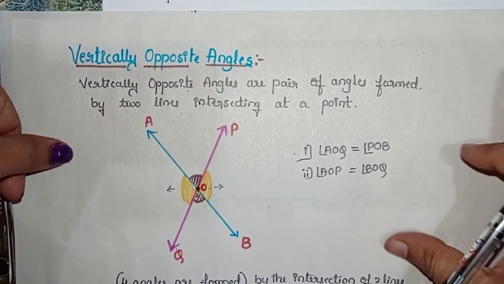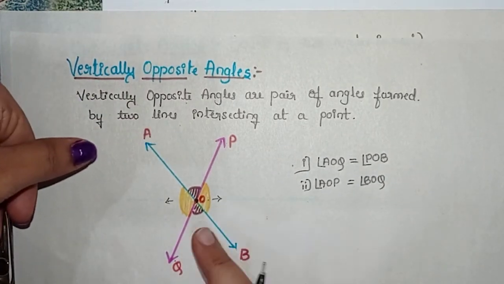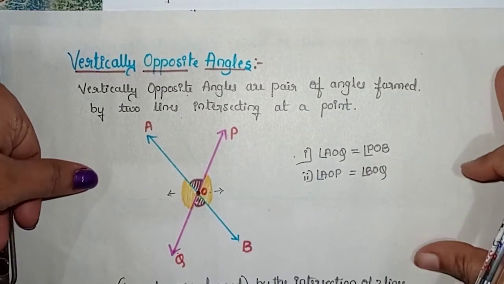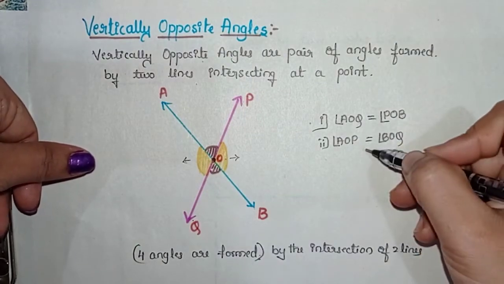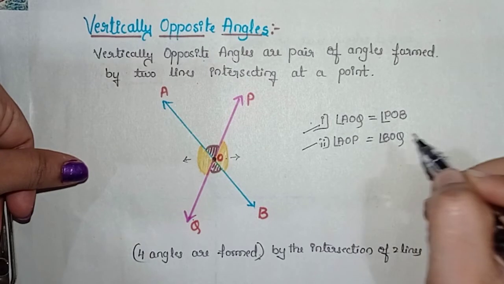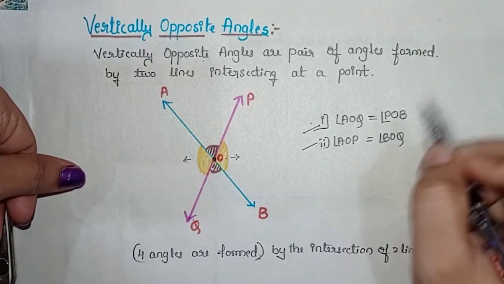Such vertically opposite angles are formed with the intersection of two lines, and four angles are formed by the intersection of two lines. Here we got four angles, but there are two pairs. We got two pairs of vertically opposite angles, and vertically opposite angles will be equal to each other.